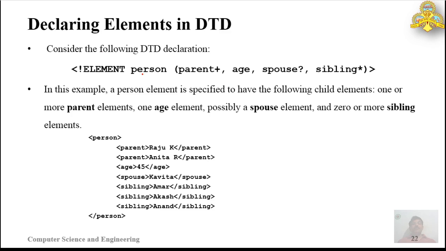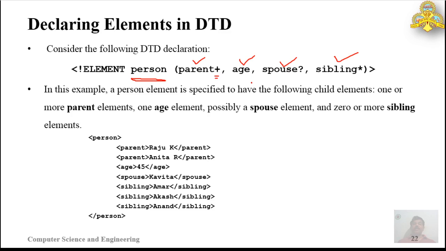Observe here, person is the element name that is going to be declared in the DTD file, and parent, age, spouse and sibling are the child nodes of the person element. Here parent is appended with the modifier plus symbol.